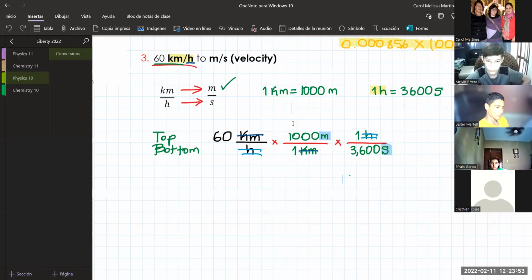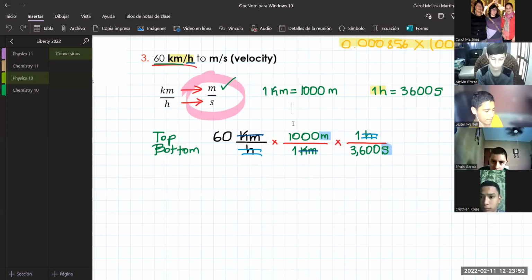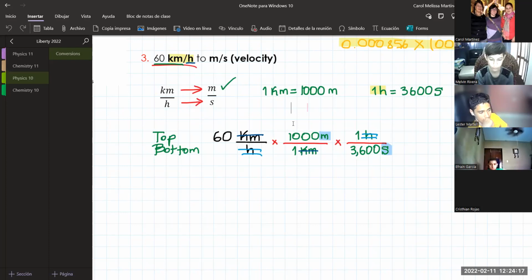That's exactly what I need. Take a look here. I need meters up, seconds down. And this is exactly what I have. Meters up and seconds down. So this is what I expect to do when I convert compound units such as velocity.